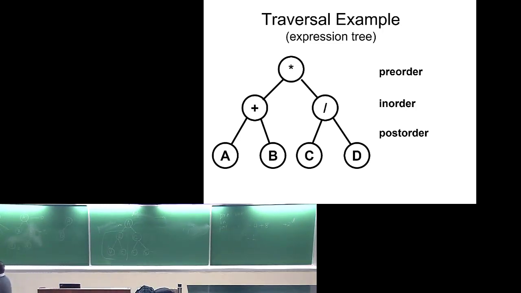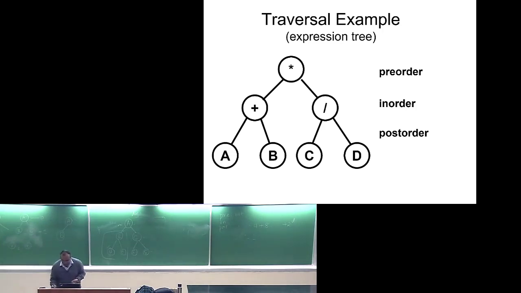And I said that trees are important in compilers. So if you happen to learn about compilers, you would encounter these expression trees, right, which determines in what order the expressions are computed. All right. So can we do pre-order, in-order, and post-order traversal on this? Just do the pre-order and tell me how the pre-order can be done.